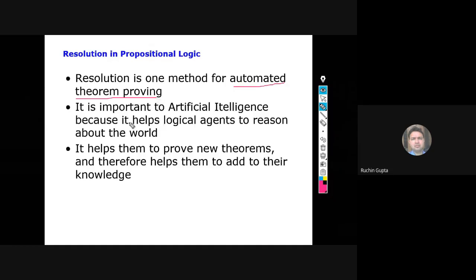And it is important to artificial intelligence, because the logical agent can apply this resolution method and can derive new knowledge from the given knowledge. So it helps the logical agent to prove new theorems, meaning new propositional statements, and when these statements are derived, they are added to the existing knowledge base, right? So that's why the resolution is an important method.